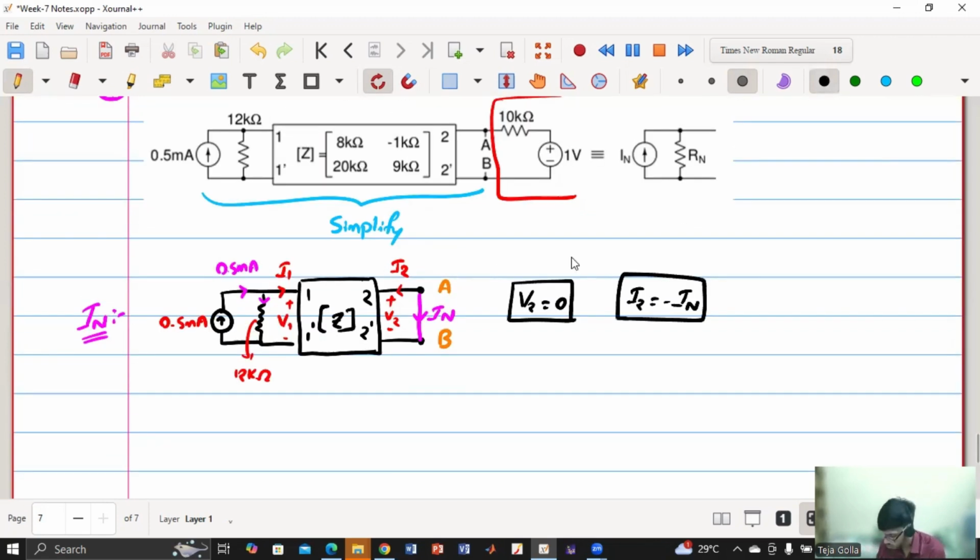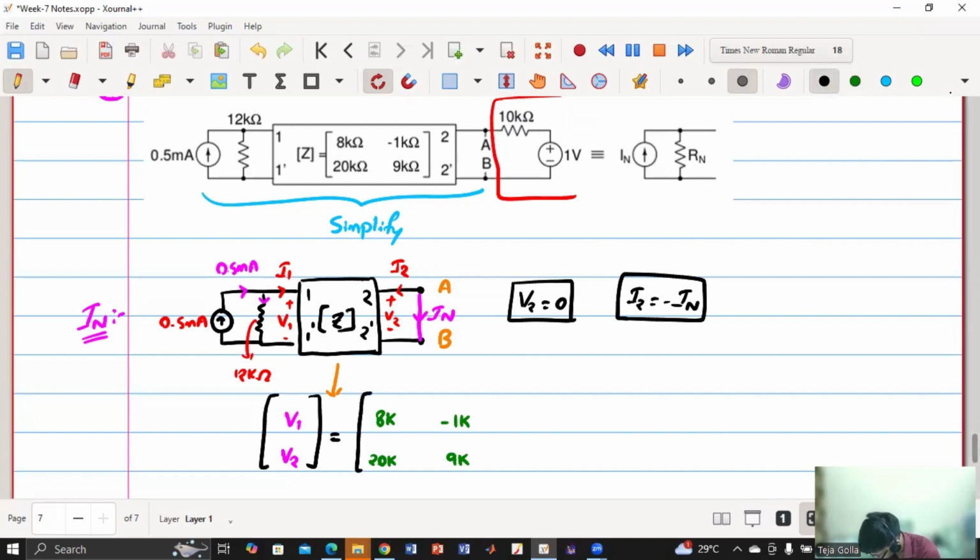Now because I have Z parameters, I can write this in terms of V1 and V2. So I can write V1, V2 equals the matrix Z with entries 8K, minus 1K, 20K, 9K. I'm removing the ohm as of now for the sake of understanding only. So I have removed ohms, into I1 and I2, right?